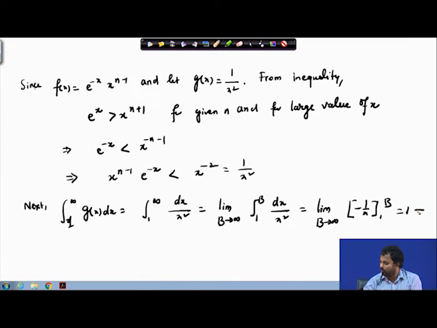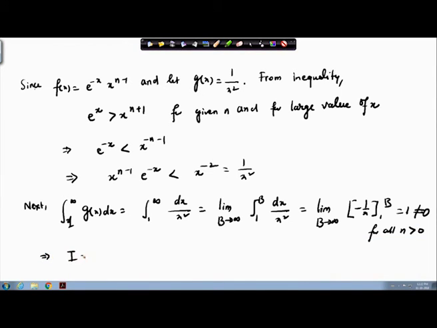The value of the integral is 1, which is finite, and this is true for all n positive. So, that means I 2, the integral from 1 to infinity of f(x) dx, is convergent at x equals infinity for all n greater than 0.